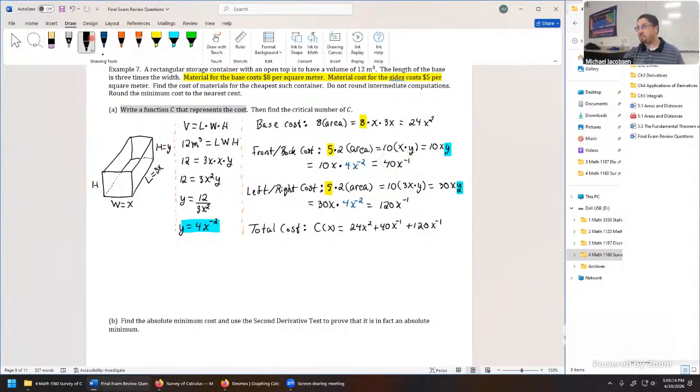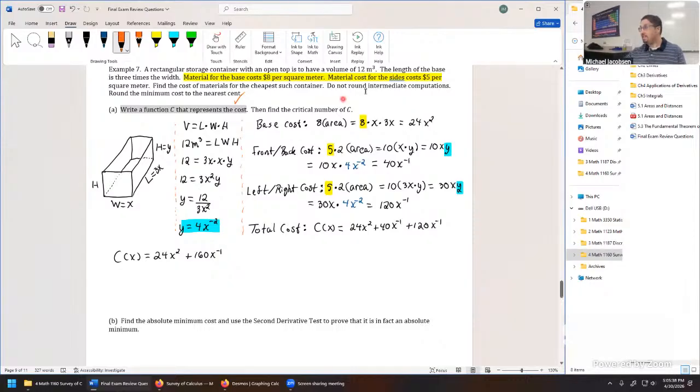And as a bonus, we have like terms. So we can now say that C of x is 24x squared plus 160x power negative 1. So we did this step. Cost function is down.